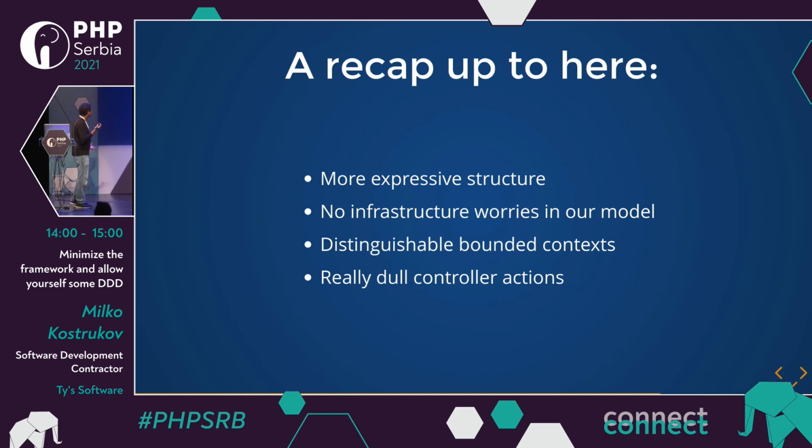What do we got? We got more expressive structure. We got no infrastructure worries in our model. Distinguishable bounded contexts, really thin controller actions. The trivial reason I like all this stuff is it's really easy to test. That's a byproduct. Being easy to test is a byproduct.